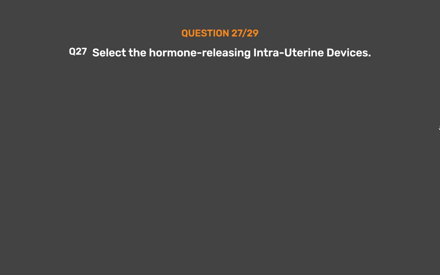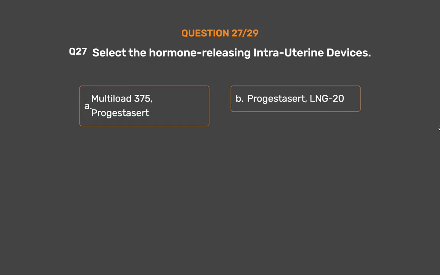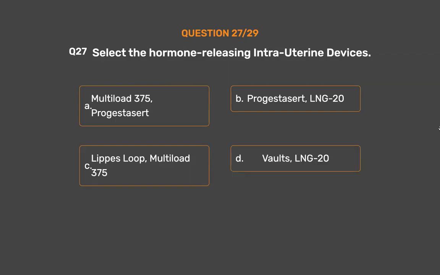Question number 27. Select the hormone-releasing intrauterine devices. Option A, Multiload 375, Progestasert. Option B, Progestasert, LNG-20. Option C, Lippes Loop, Multiload 375. Option D, Vault, LNG-20.